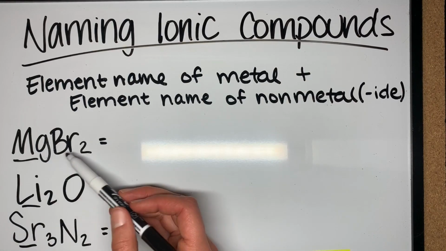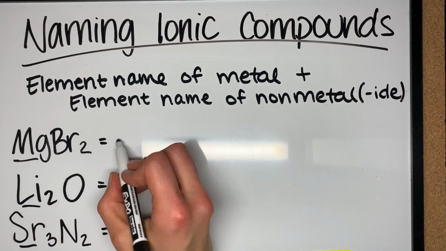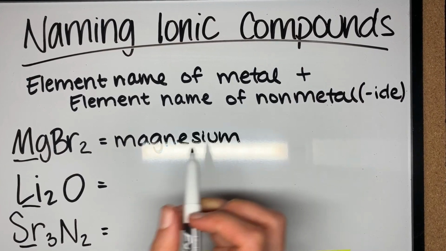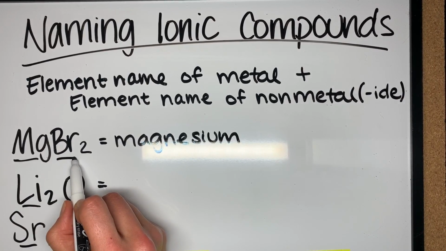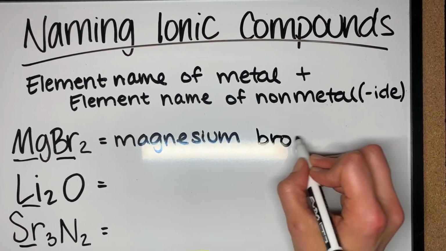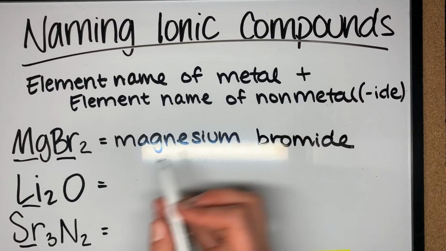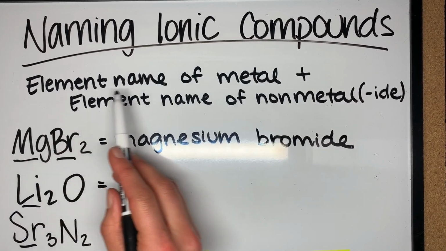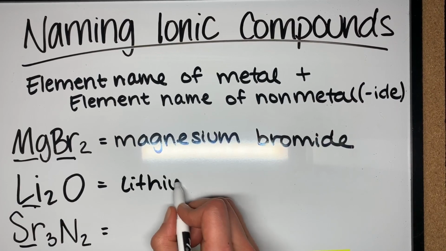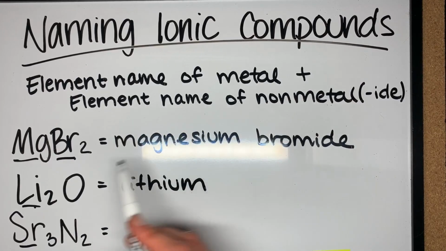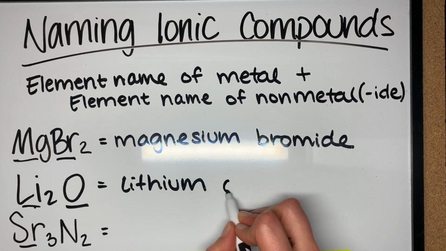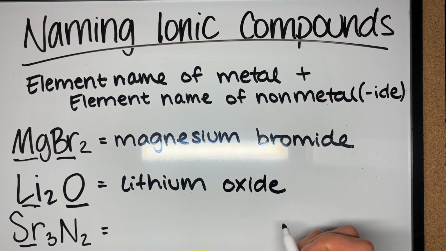To start with MgBr2, we write the element name of the metal. So we write magnesium. And then we write the element name of the nonmetal. This is bromine, but with an IDE ending, so it becomes bromide. For the second one, we write the element name of the metal. In this case, we have lithium. Then we write the element name of the nonmetal, which in this case is oxygen, but replace the ending with IDE to make it oxide.